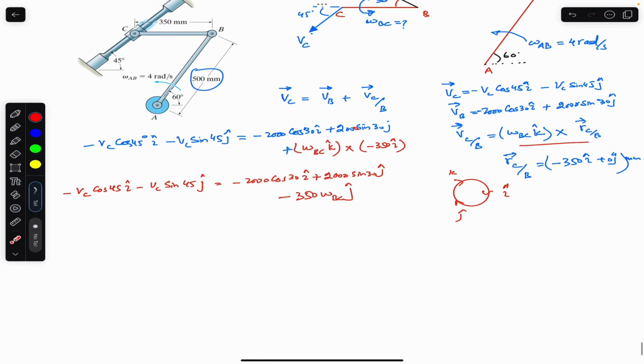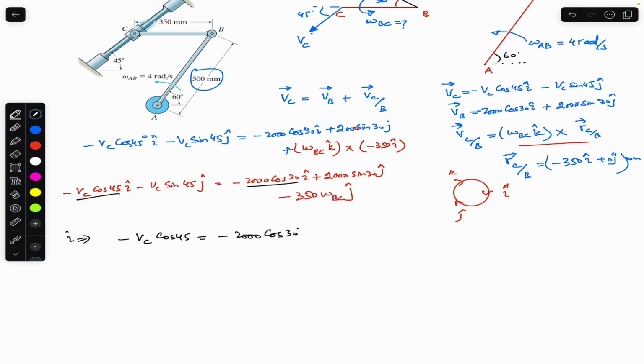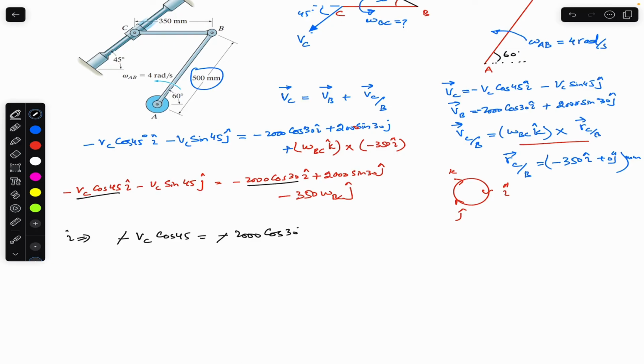Now comparing both sides of the equation, i with i and j with j, if we compare the i components, we see minus Vc cos of 45 is equal to minus 2000 cos of 30, since we have this i term and this i term. From this we can find Vc: minus will cancel out, and Vc is equal to 2000 cos of 30 divided by cos of 45.